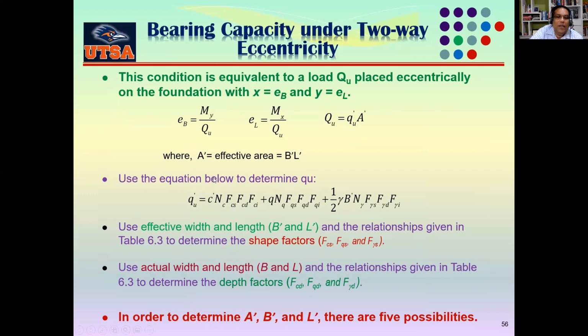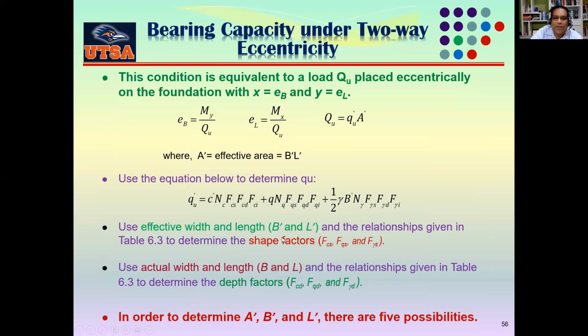Now, we usually use the same general bearing equation to find out our QU, okay? But again, you have to remember that one, as I said earlier, that when you are trying to find out the shape factors, then basically you have to use your effective width and length, okay?